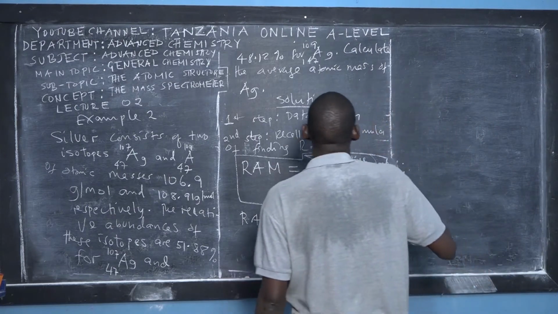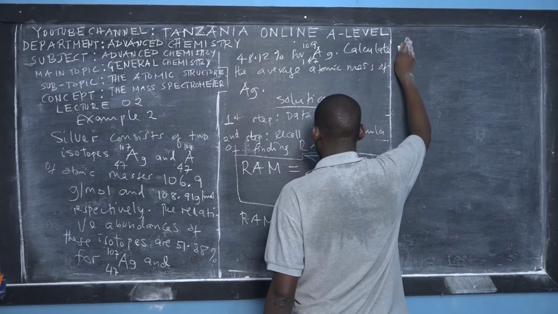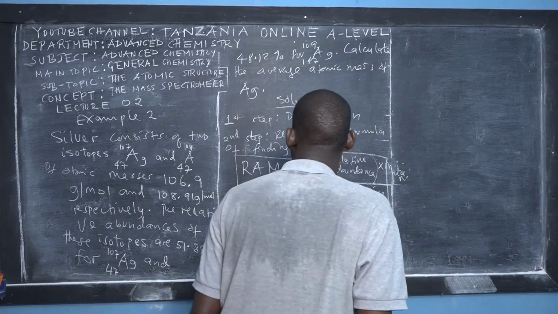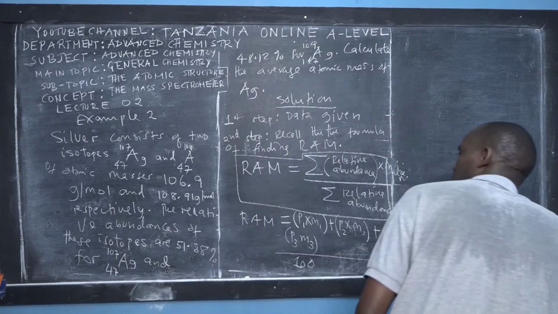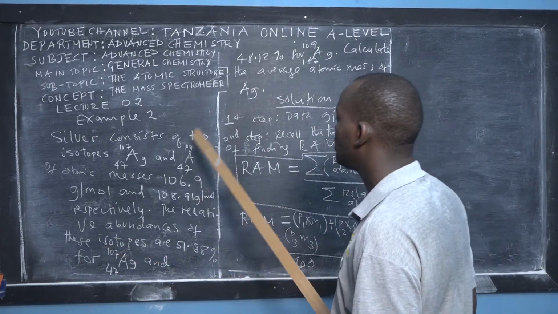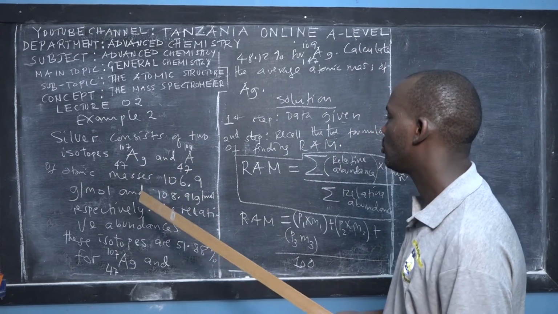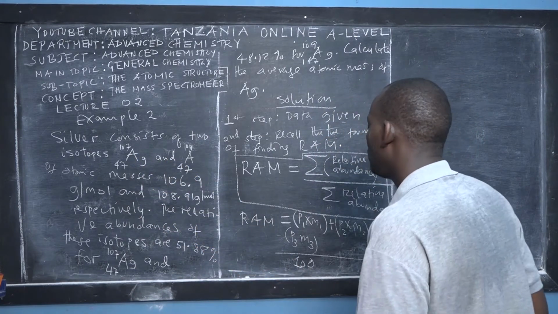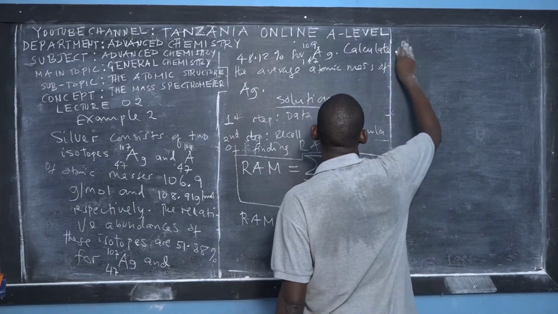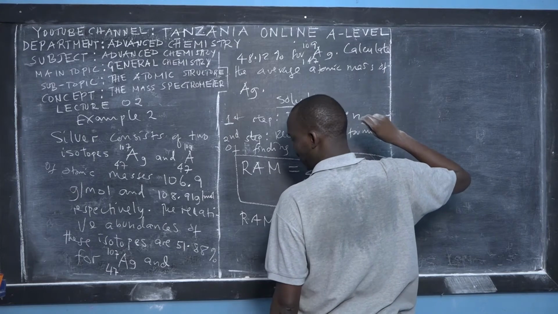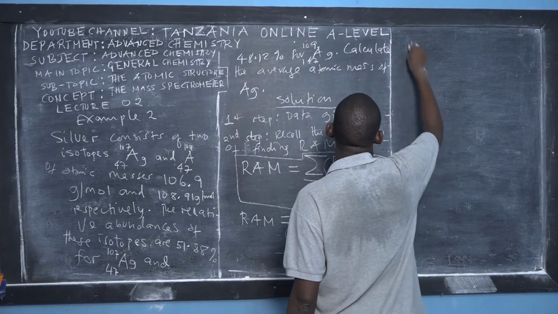So here we'll be given the relative atomic mass, because the question states that silver consists of two isotopes, with atomic masses as given. So the relative atomic mass you are given is 106.9.